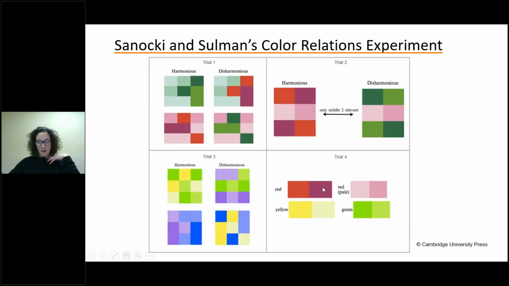Another research held by Sanoki and Salmon's, it's a color relations experiment. They gave these pictures to people. There were 4 groups of people, and they were saying whether it's harmonious, disharmonious, and so on.